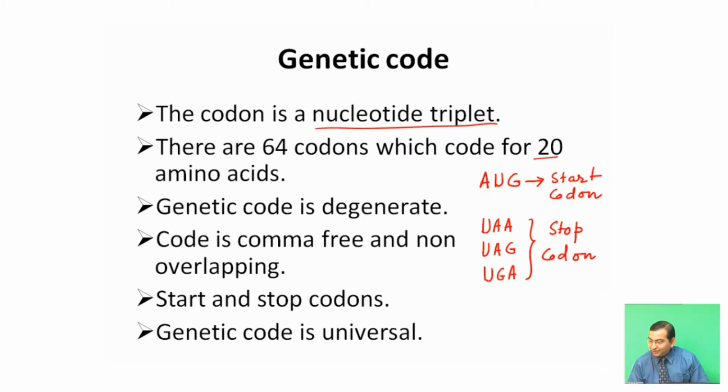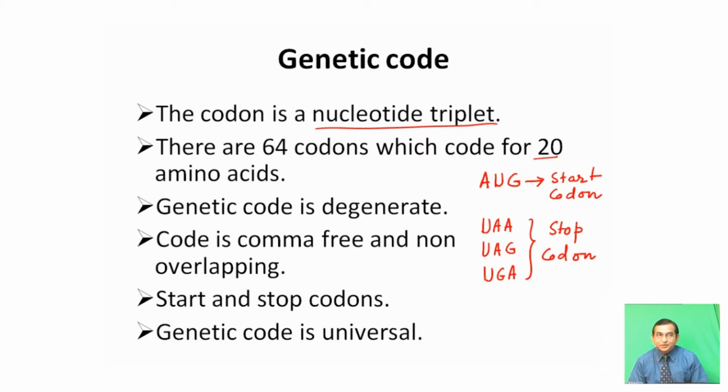The code is comma free and non-overlapping. Moreover, start and stop codons are there. Genetic code is universal, that is, genetic code is the same for almost all individuals, that is for prokaryotes, eukaryotes and all individuals of the animal kingdom.